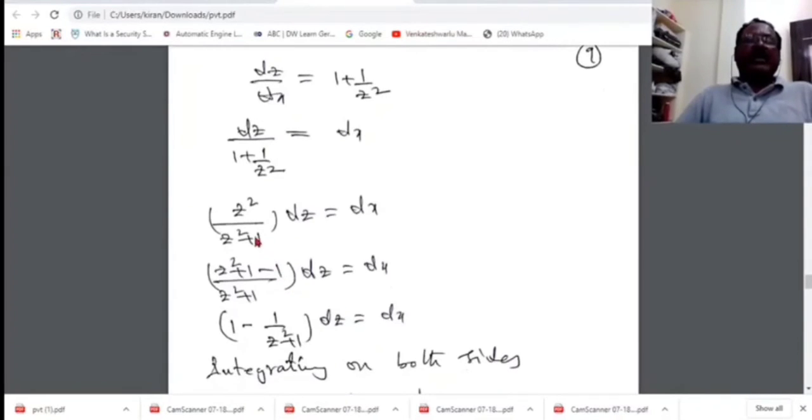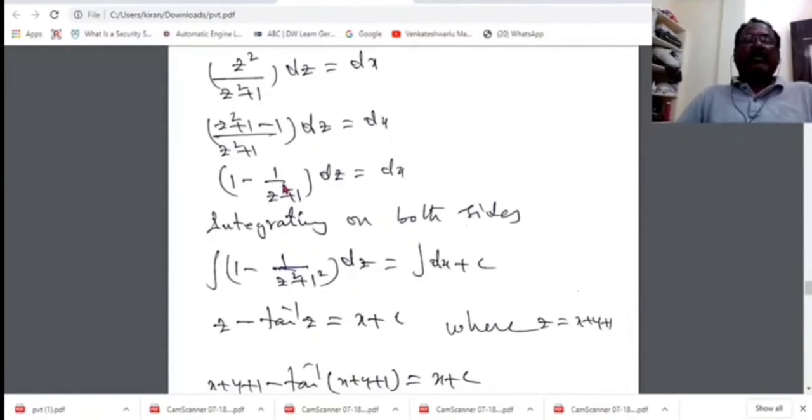Now adding 1 and subtracting 1, we get (z square plus 1) by (z square plus 1) minus 1 by (z square plus 1) dz is equal to dx. So it becomes (1 minus 1 by (z square plus 1)) dz is equal to dx.